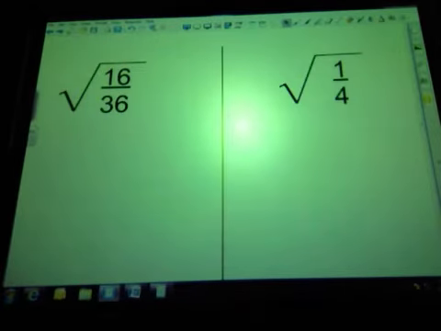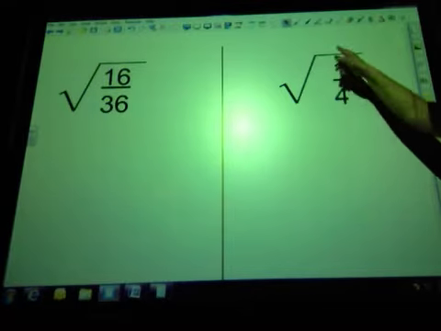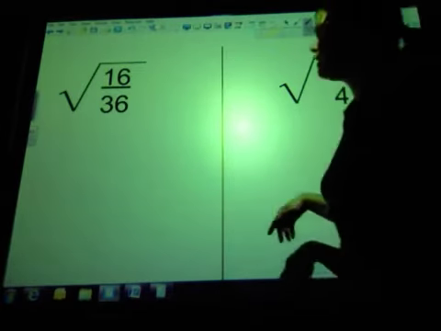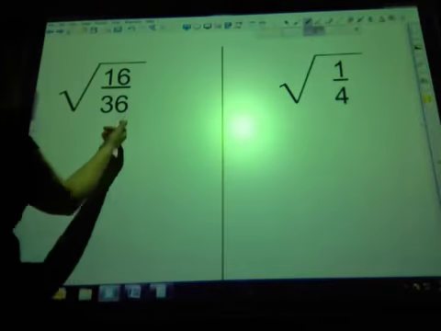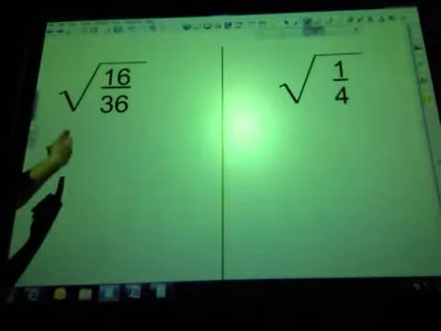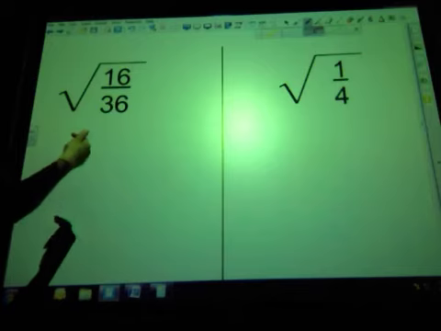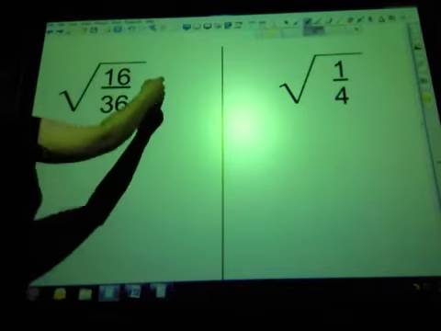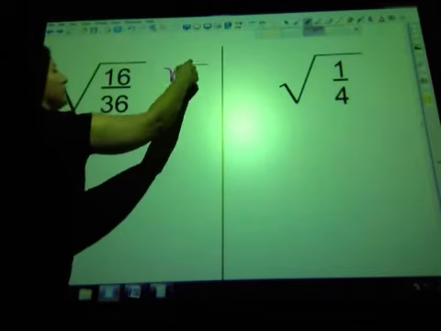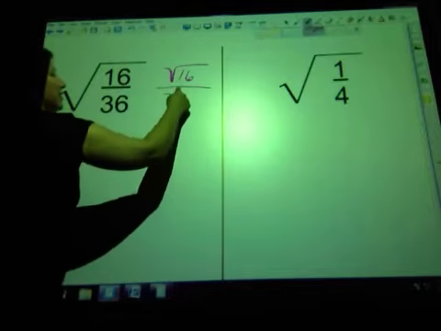The next section is to do the same thing, but this time we have fractions. When we're doing square roots of fractions, in order to simplify these radicals, we can break the fraction into two parts, putting the square root on both parts of the fraction.